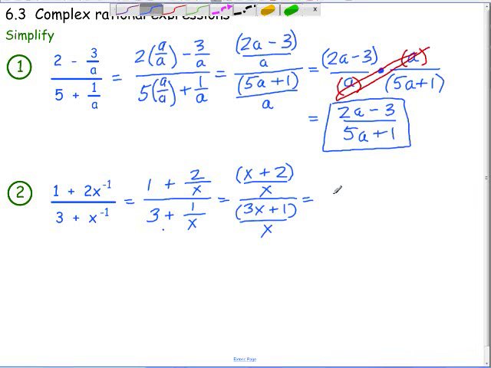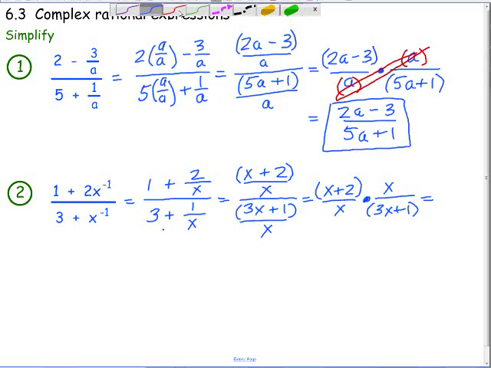Then I'm going to stay, change, flip. X plus 2 over x stays the same, changing from dividing to multiplying, and then flipping, taking the reciprocal, 3x plus 1.